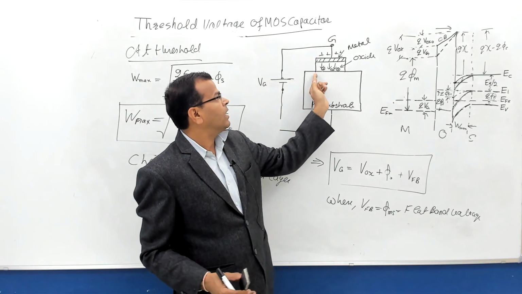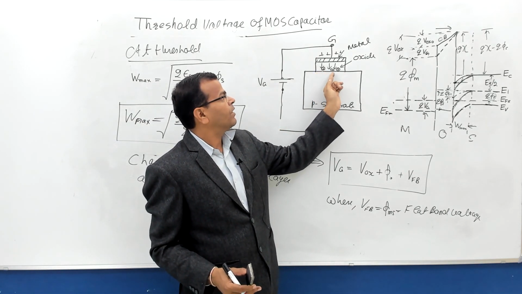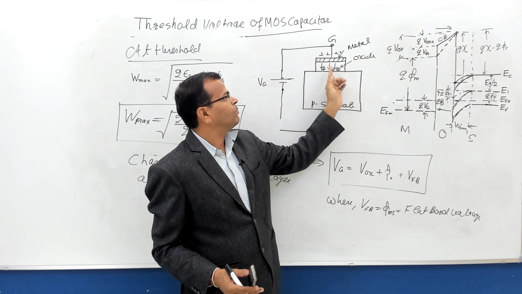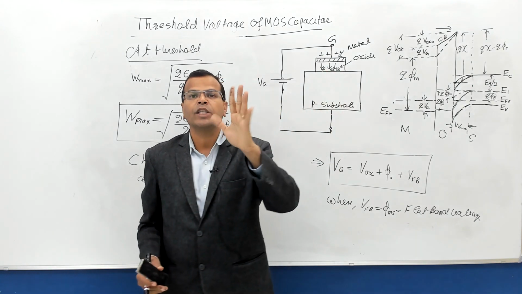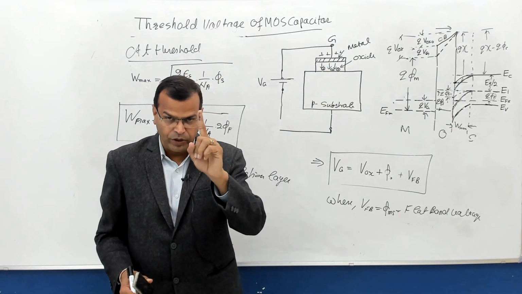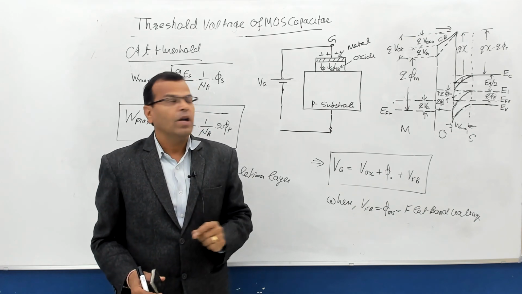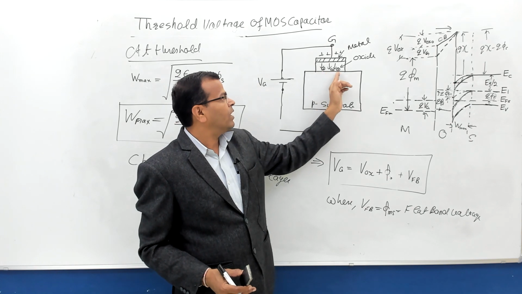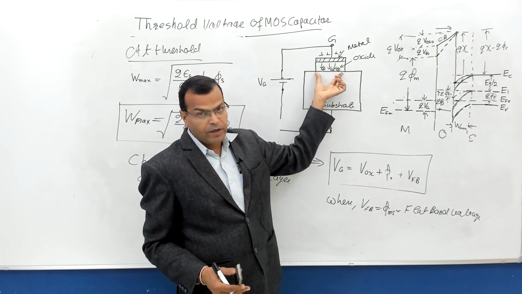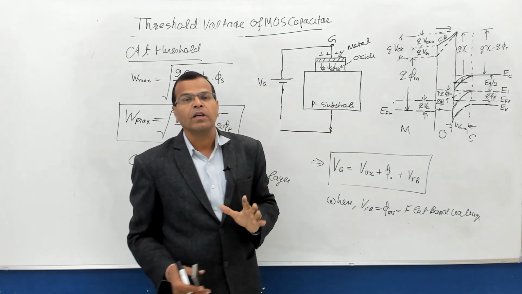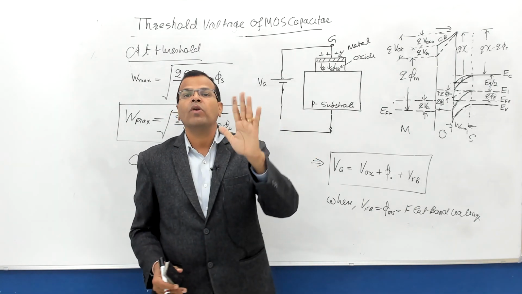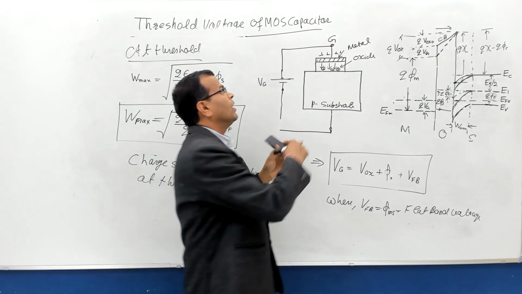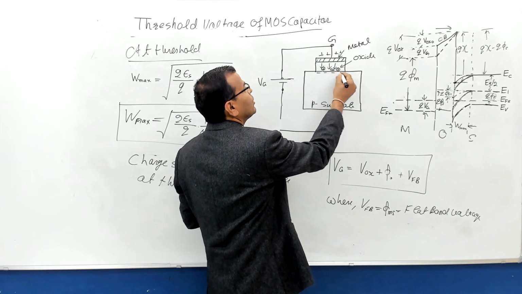That is nothing but electrons at the interface between the oxide and the semiconductor. Before threshold we don't consider that concentration, even though there are electrons. But after the threshold voltage, I will be assuming the inversion layer of electrons at the interface between the oxide and the semiconductor. So at threshold we will not consider the charge due to electrons in the inversion layer.